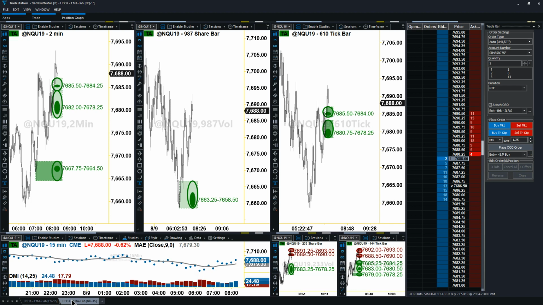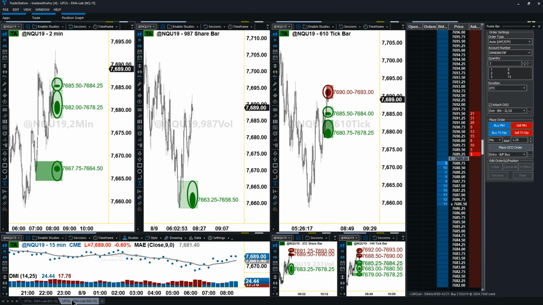We want the safety target to be a risk remover. If it's going to take almost the same amount of time to get to the safety target as the final target, then you'd rather take the trade with no safety target, which is okay if those were your rules. It would not be crazy. Now you're just riding the whole move with the full size all the way to the end. So ideally, you want your safety target to be much closer.